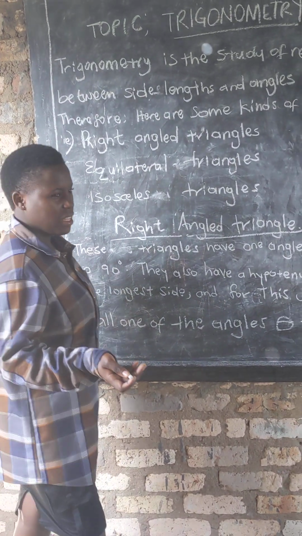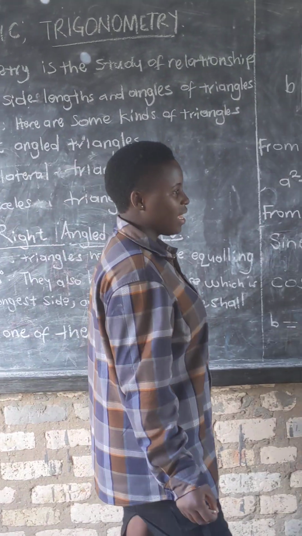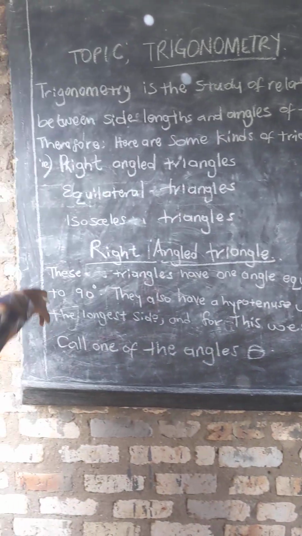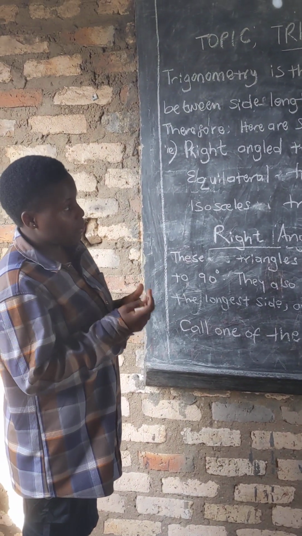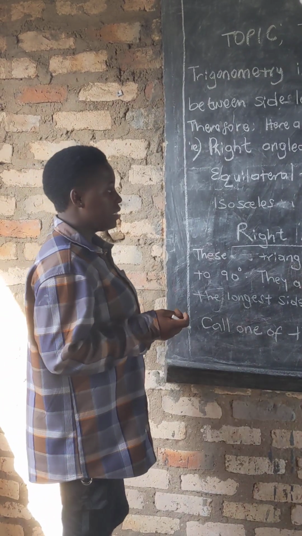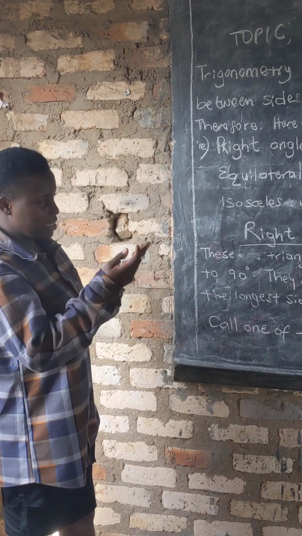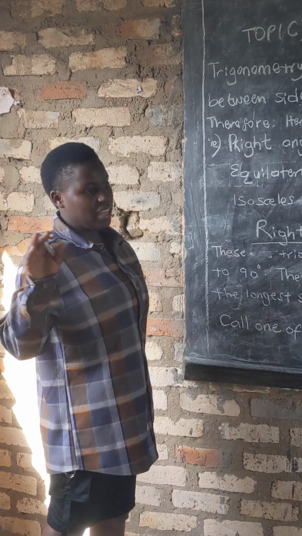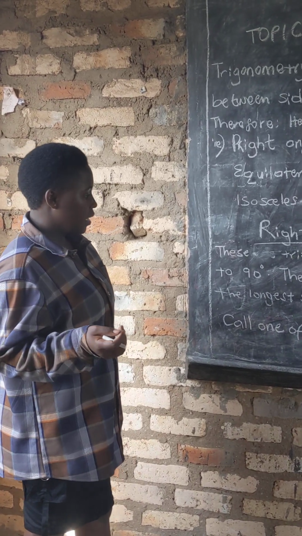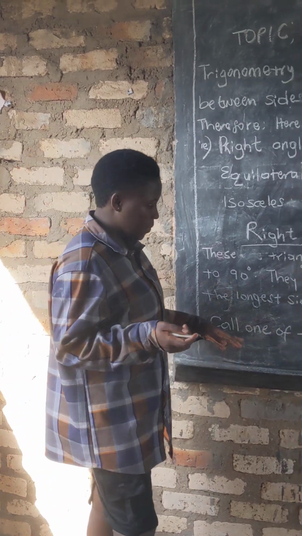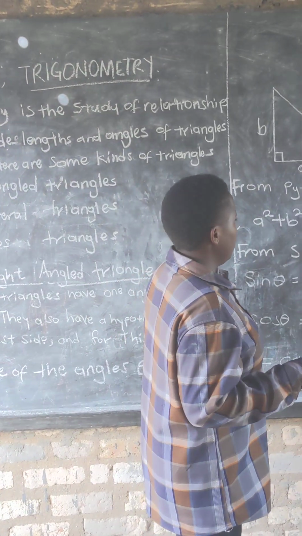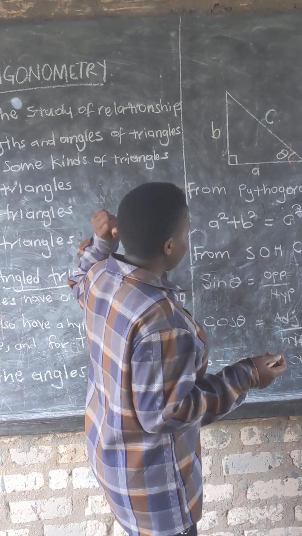Since the angle sum of a triangle is 180, you can easily find the various angles using that knowledge. So, let's exploit the right angle triangle by means of trigonometry.